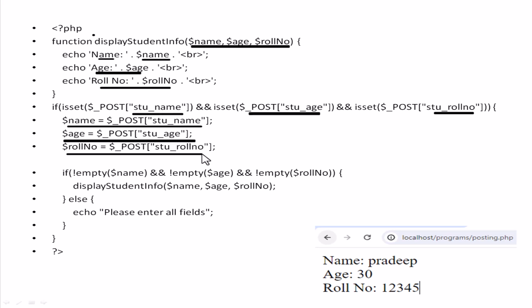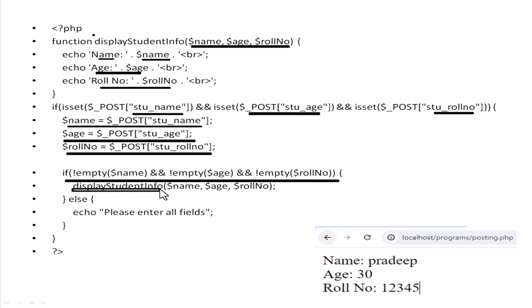Now it is going to check whether the name, age and roll number are empty. If the name is not empty, the age is not empty, and the roll number is not empty, so if all three are non-empty, we are going to call the function. What is the function? Display student information.